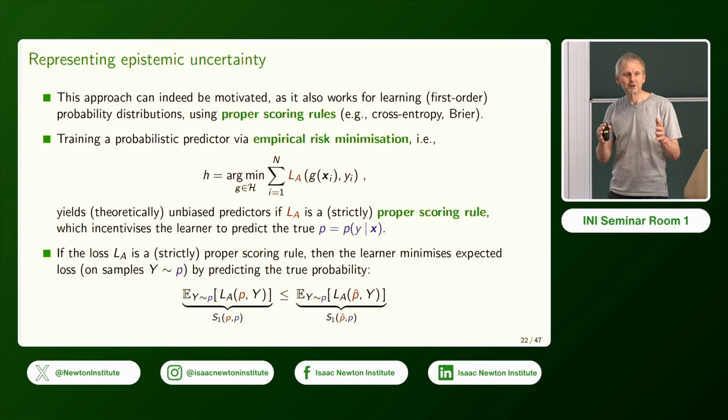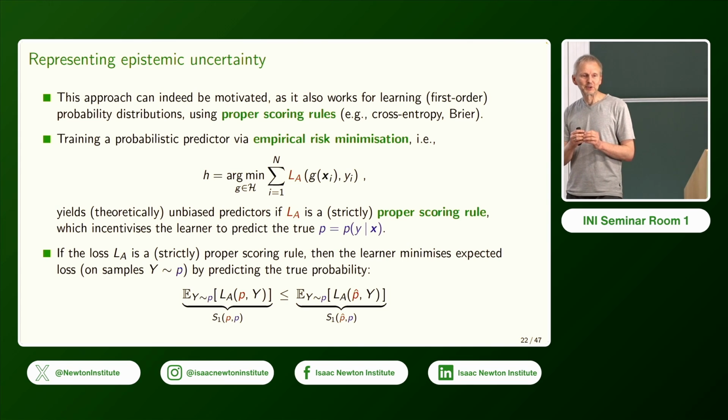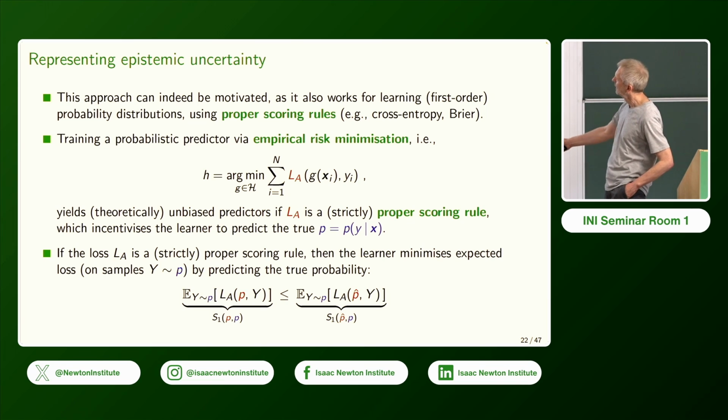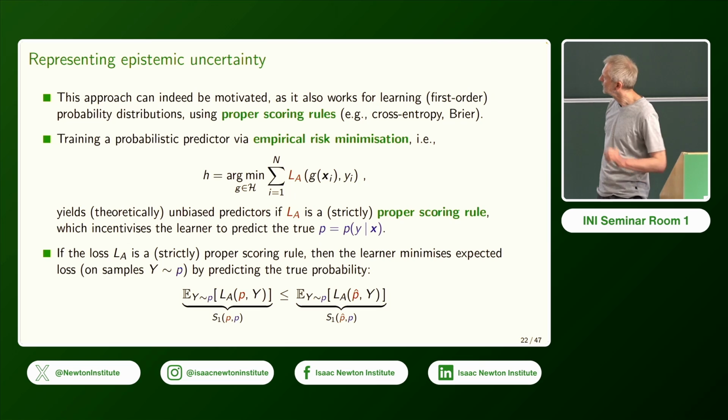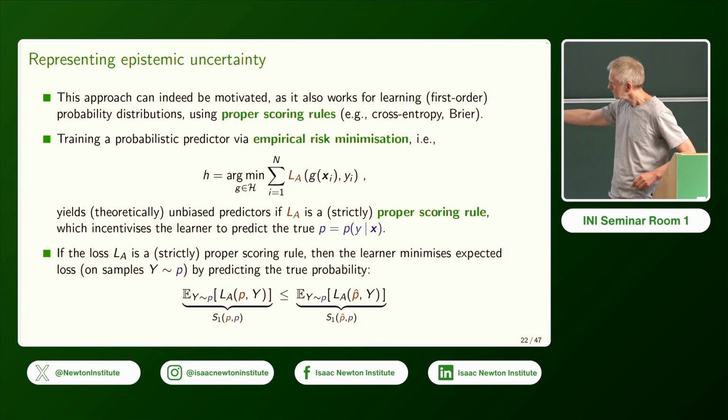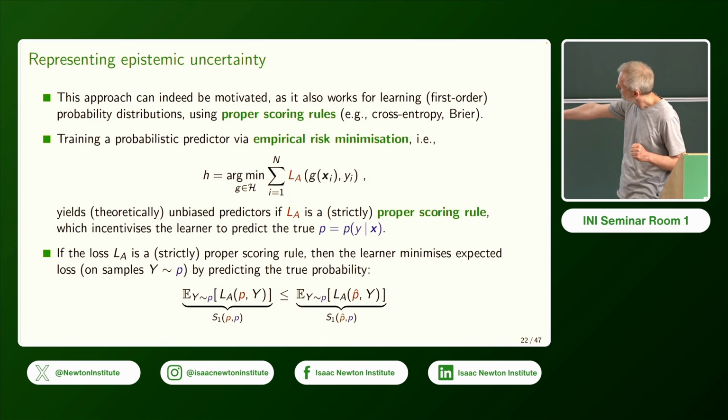In practice, we know that often the predictions are still biased and not well calibrated, but theoretically, at least it works. And I don't need to explain what a strictly proper scoring rule is, but just to remind you, because I will generalize this on the next slide or so.